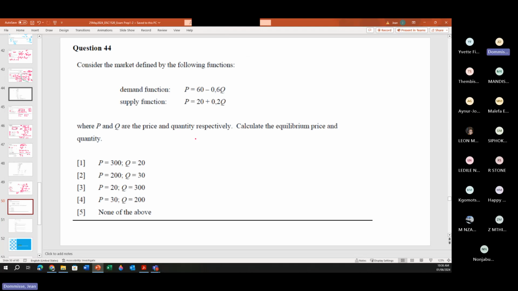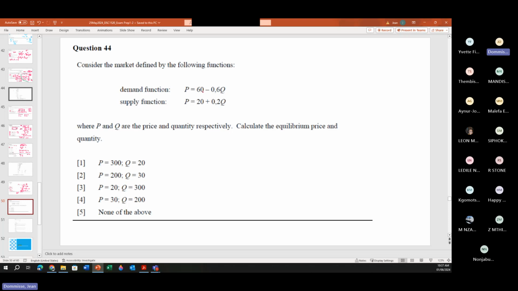Consider the market defined by the following functions: demand and supply, where P and Q are the price and quantity respectively. Calculate the equilibrium price and quantity. Okay, so equilibrium is where demand and supply are equal. So in a sense, this again is simultaneous equations.